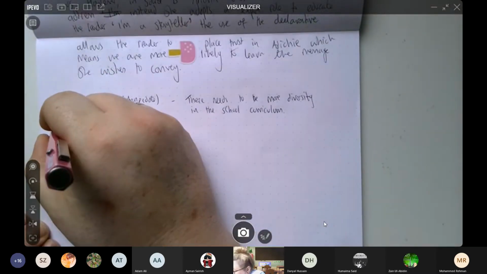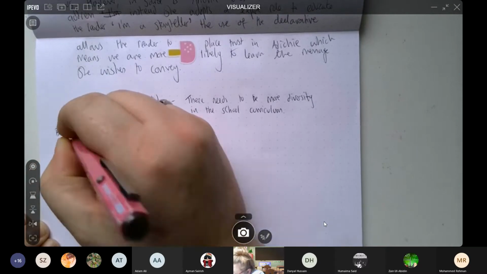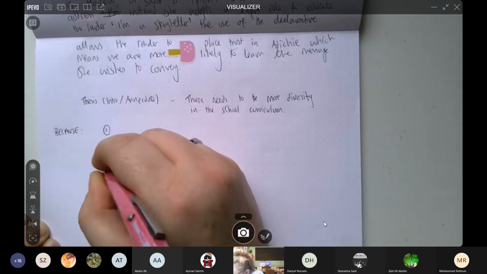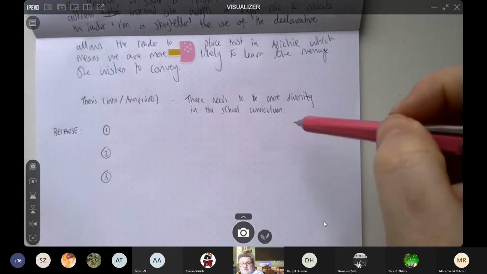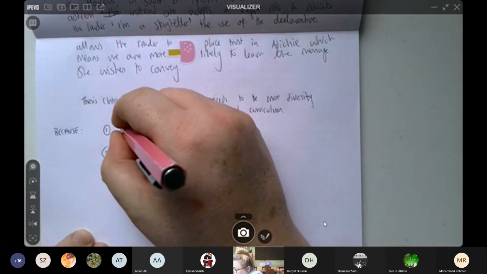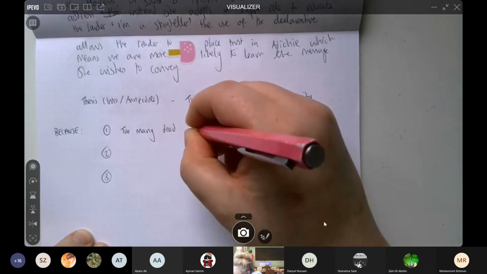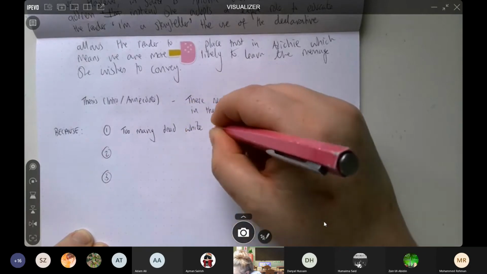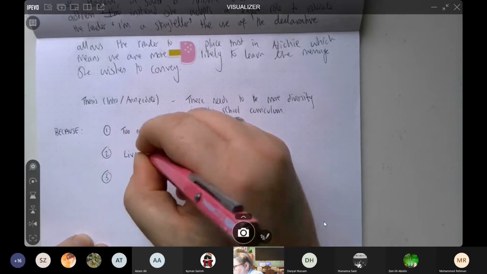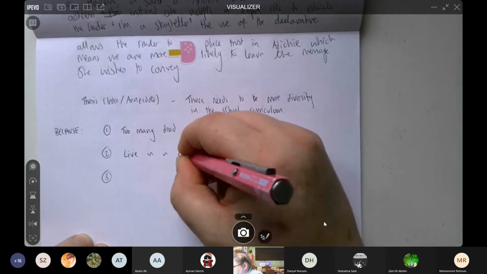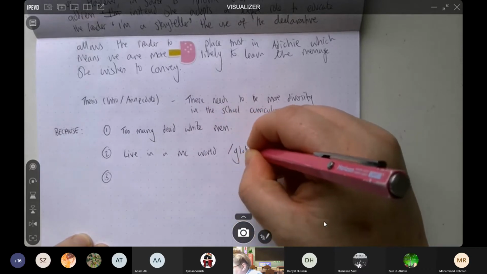I then need to have 3 because reasons. Okay, so 1, 2, 3 reasons why I believe there needs to be more diversity. So I'm going to say that there are too many dead white men, that we live in a multicultural society, a global world of global citizens.